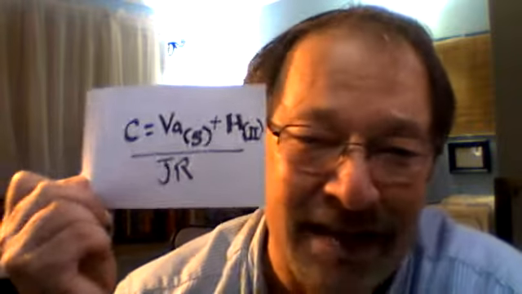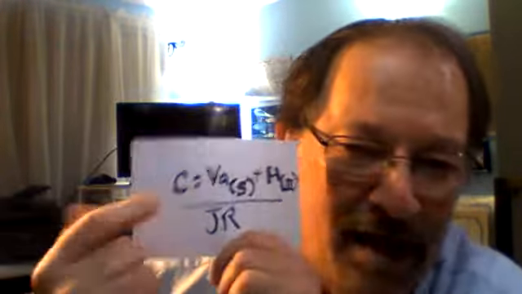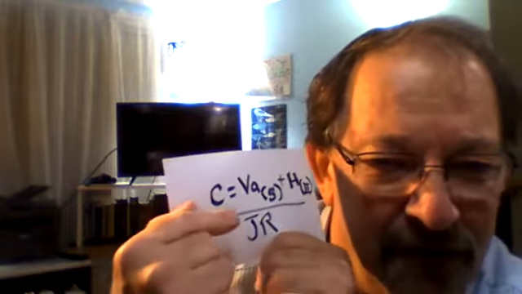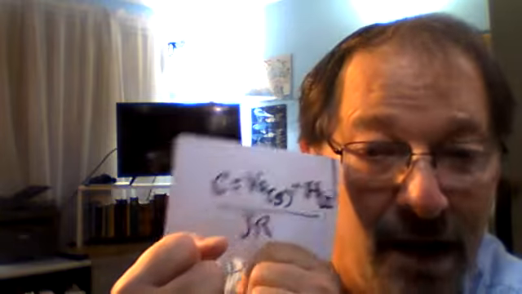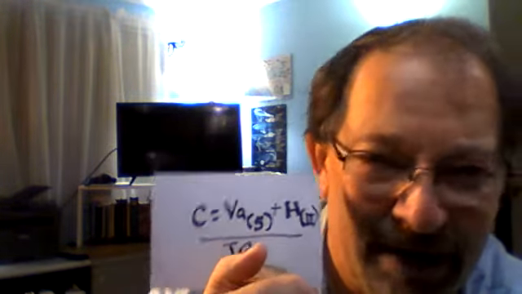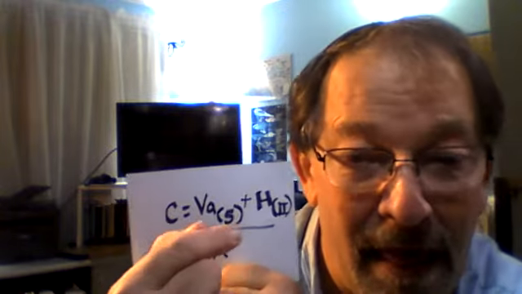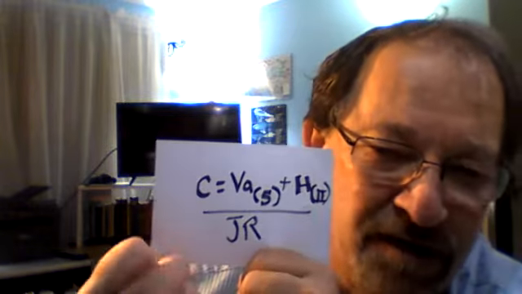Here's the Constitution expressed in a convenient, summary, almost algebraic equation. C equals VA, parenthesis, subsection 2, S, I'm sorry, I can't read my own writing, plus H in subsets, Roman numeral 2, all over JR.